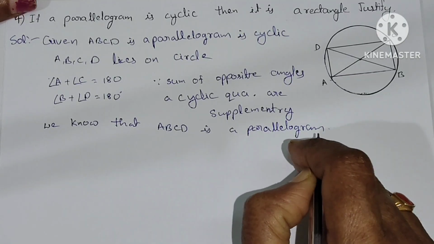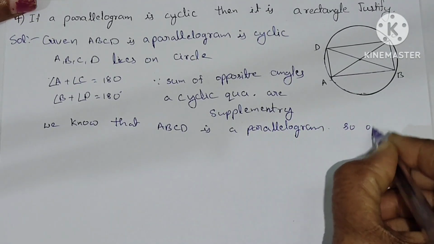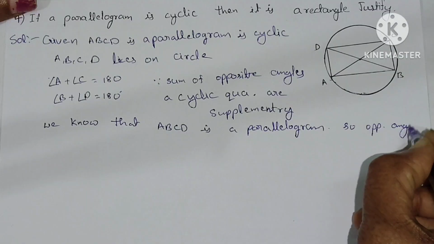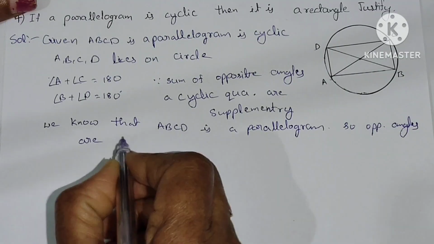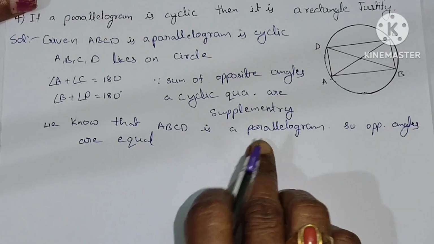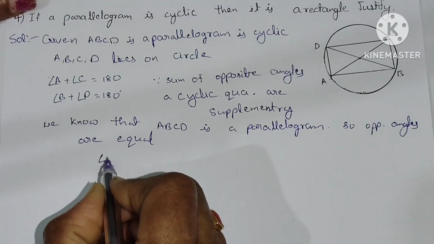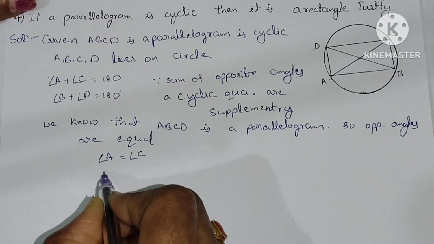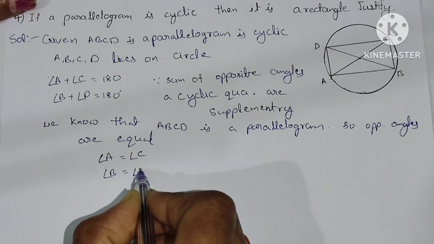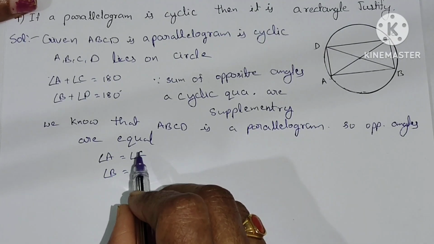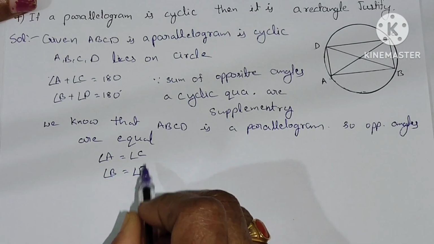So angle A equals angle C and angle B equals angle D. We don't know these angles yet.